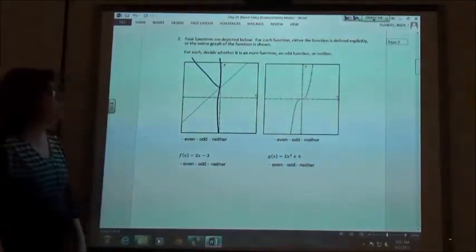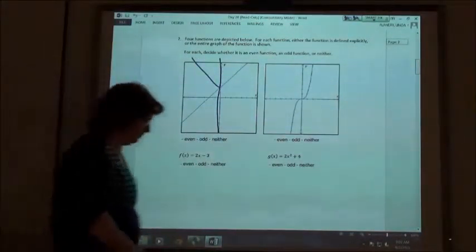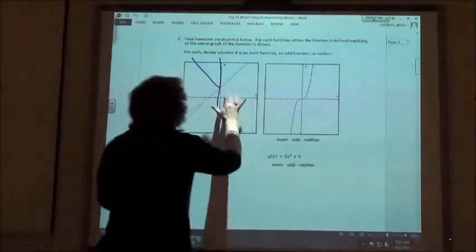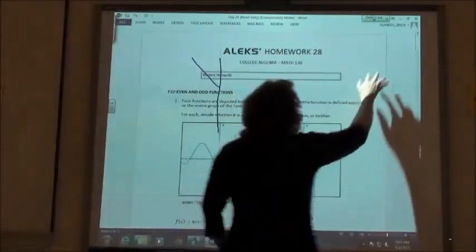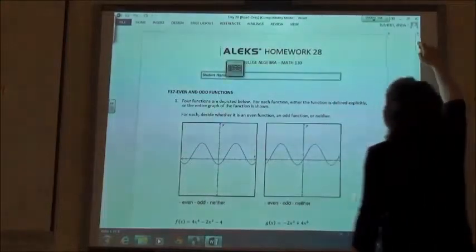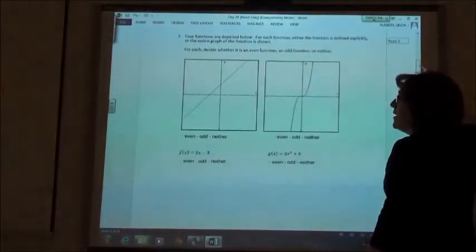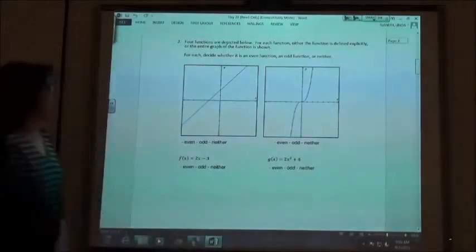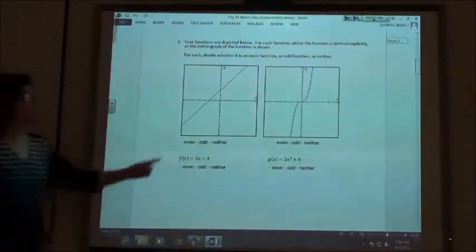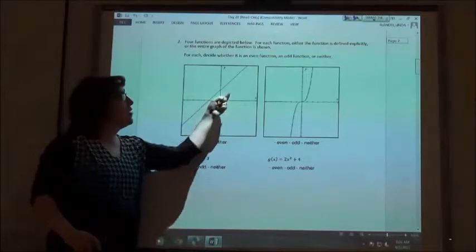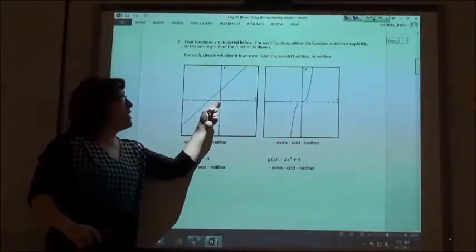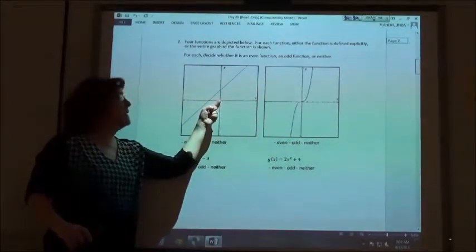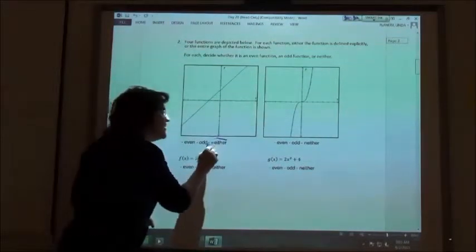Okay? So it's not even. So is it odd? Now an odd one has to reflect across the diagonal here in the middle. So in order to be odd, it would have to be right across the middle, and it's not, right? So this is a neither.